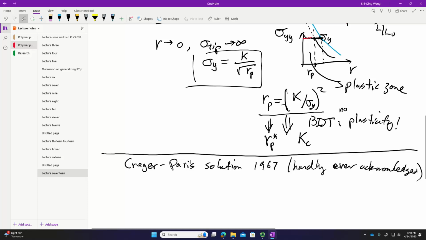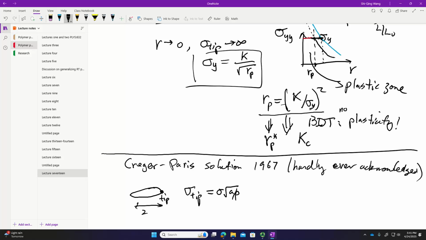And it answers much of the puzzle, and in fact merges with what you see here from the English solution result. Let me review the English solution. The English solution says if this is your tip, then the stress is enhanced by this factor, right?